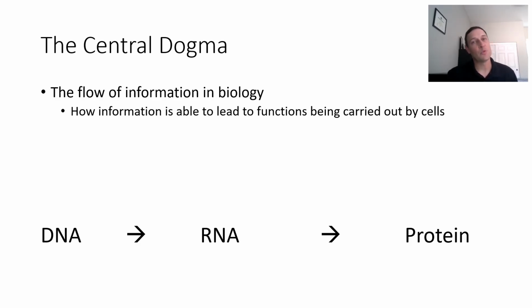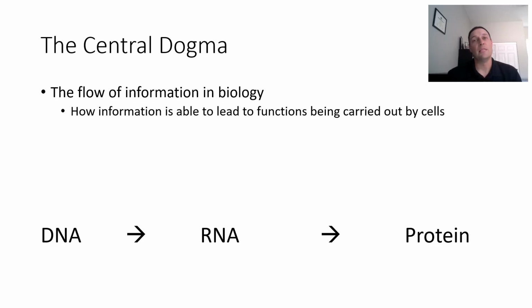So the DNA gets rewritten as another nucleic acid called RNA. And that RNA is just a temporary copy that's going to carry the information, carry the recipes to the ribosome, which is the part of the cell where proteins end up being made.